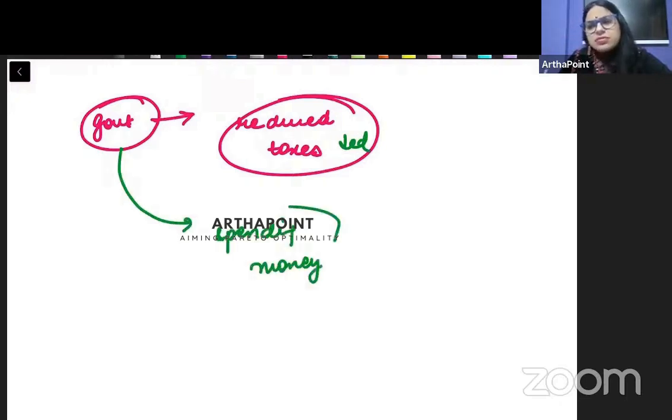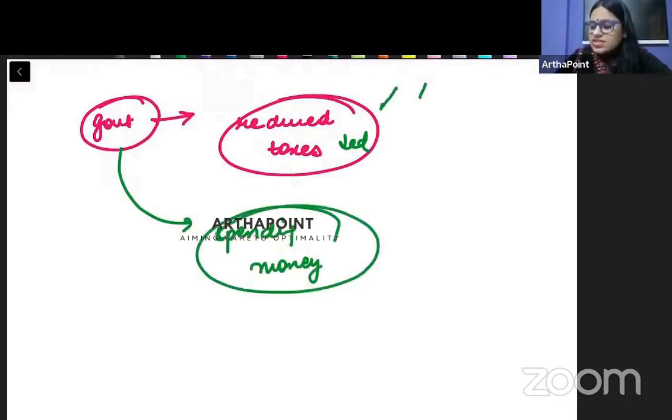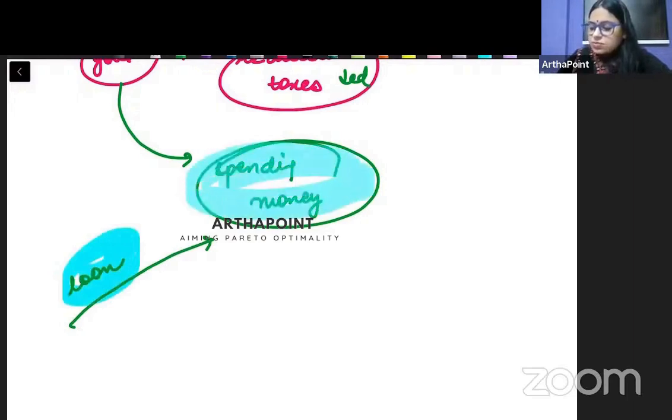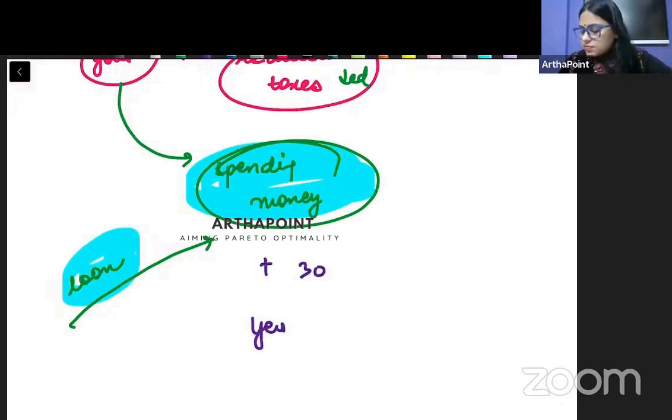How to spend money? पैसा तो आ नहीं रहा. There is less revenue. How will it spend money? It will take a loan. By taking the loan, it is spending this money. It is making flyovers, railways, schools, etc. After some years, say after 30 years, it has to repay this loan.